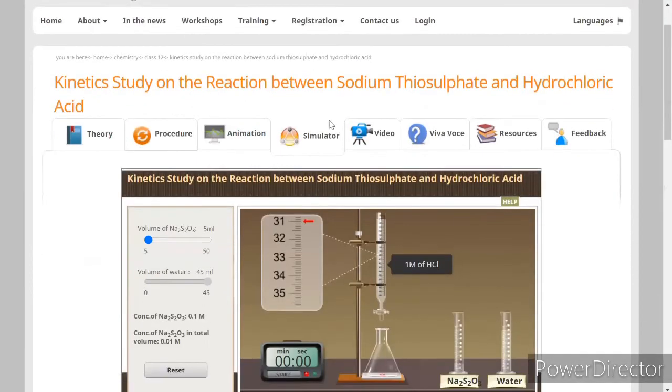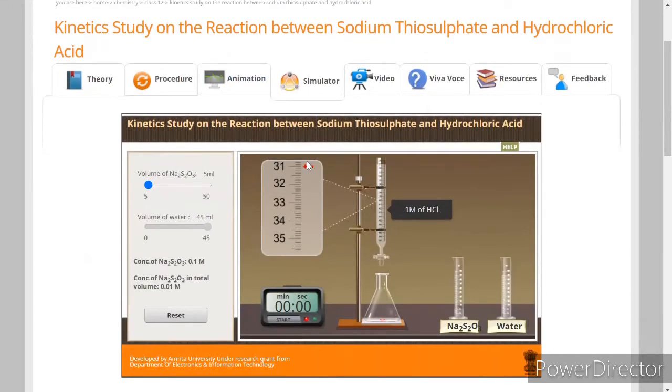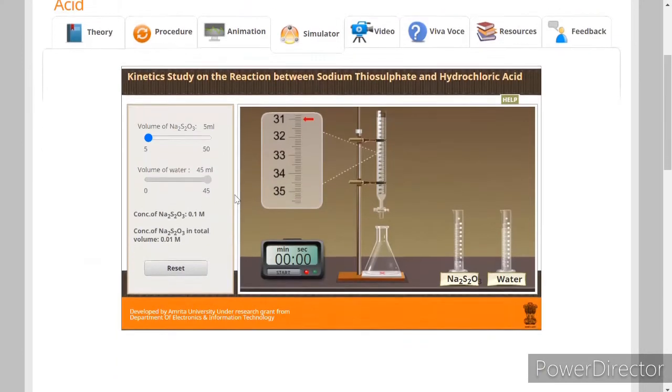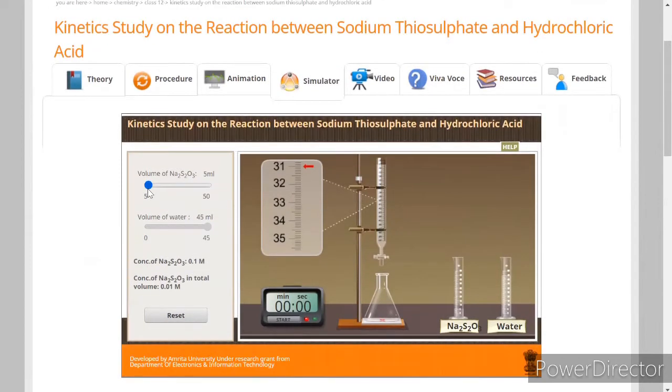Okay, we click the simulator and we will do the experiment in the virtual laboratory. These are the sliders to increase and decrease the volume of sodium thiosulfate.